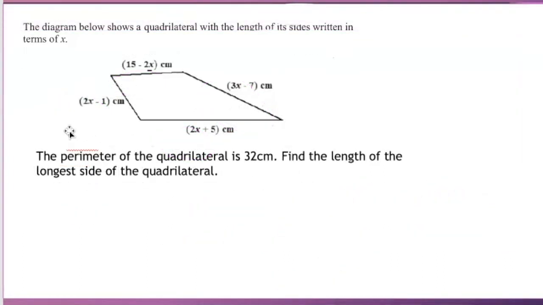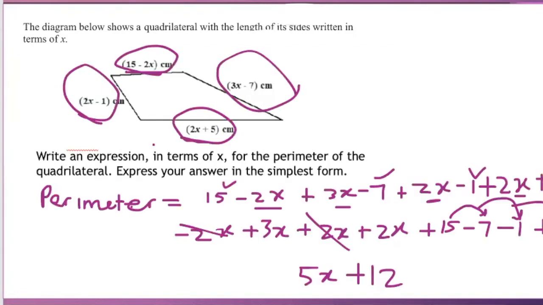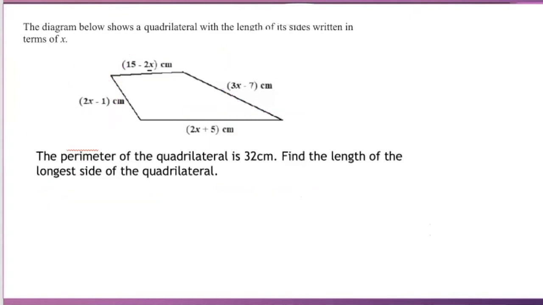The next question: the perimeter of the quadrilateral is 32 centimeters. Find the length of the longest side of the quadrilateral. Now, before I can find the length of the longest side, I need to use this information. 5x plus 12 is the expression for the perimeter, and it is equal to 32 because that's what the question states.